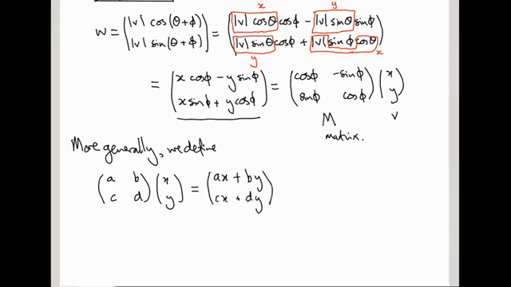In other words, the numbers a, b, c, d appear in exactly the same way as the coefficients on the right hand side.